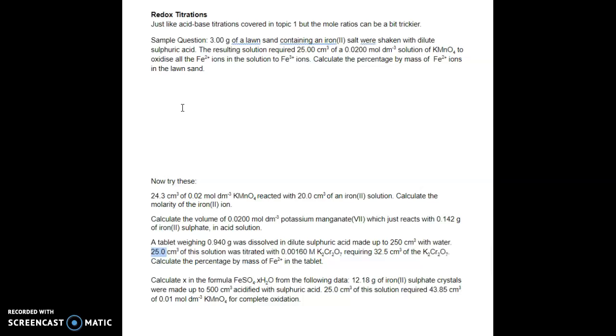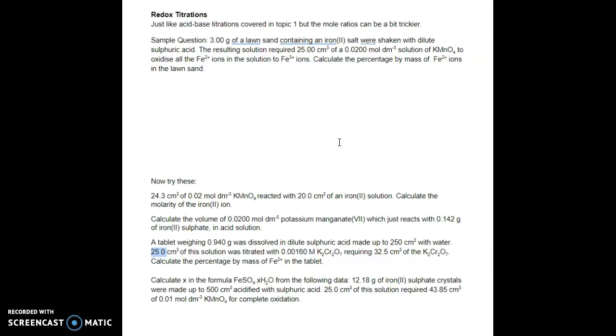Okay, so please have a go at these. Please show your working if I haven't seen that yet. It's fine for you to do it all on paper and send me a picture. If you have finished, then please feel free to move on to the next little section, which is just a special example of a redox titration.